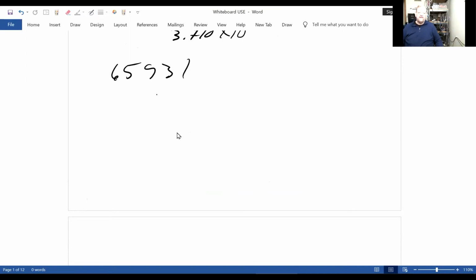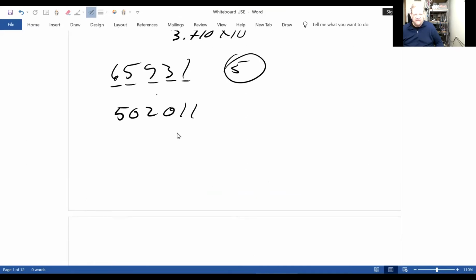And the question would be, how many significant figures, this one I'll do, then I'll let you do one, are in this number? All non-zero numbers are significant. So this would be 1, 2, 3, 4, 5. So the answer would be 5 significant figures. And next one, how many significant figures in this one? All non-zero numbers are significant.